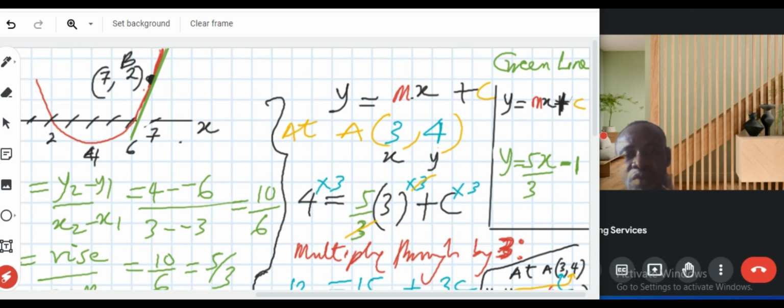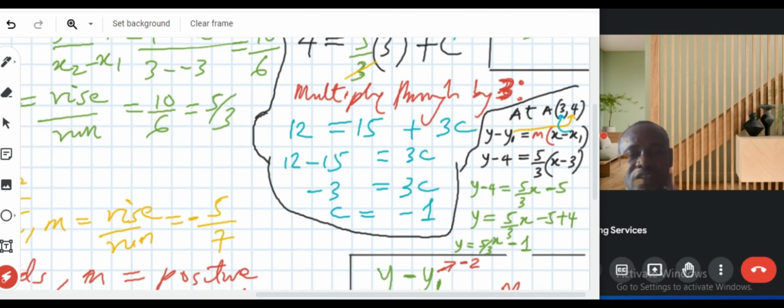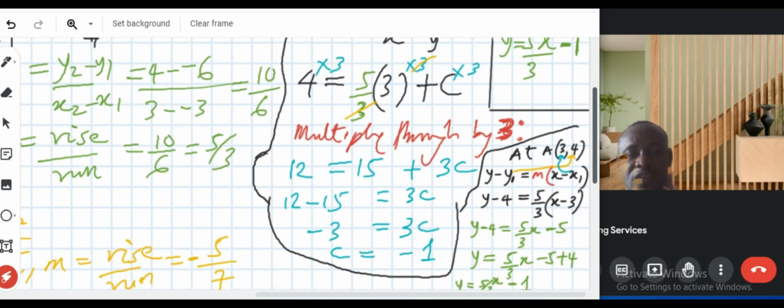That's the same thing we can do here. We find the gradient of this green line, then use the coordinates 7, 2, just like 3, 4, to help us find the intercept.